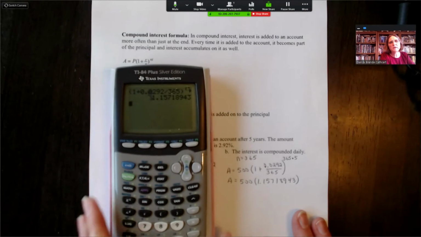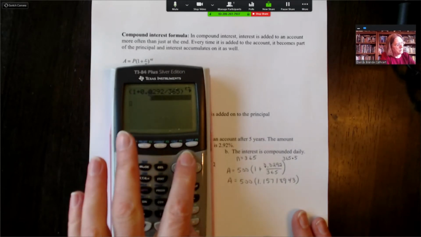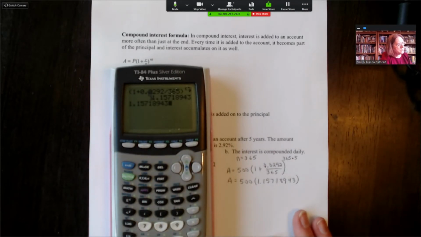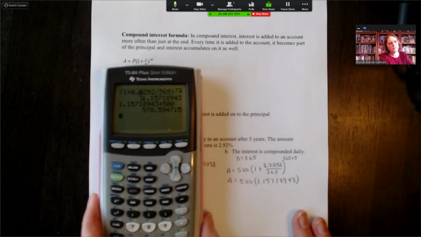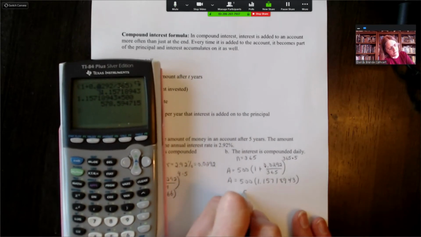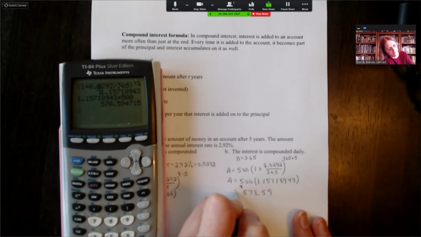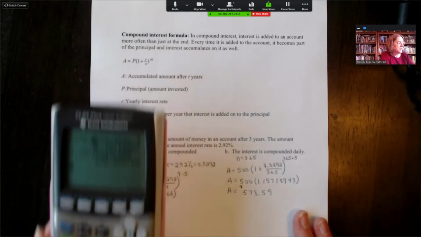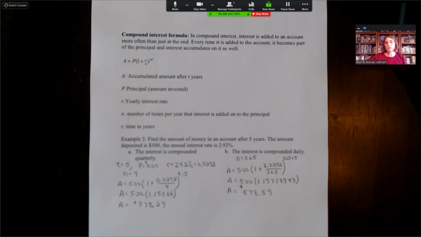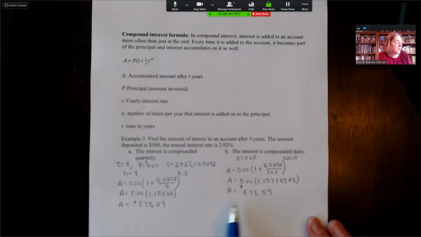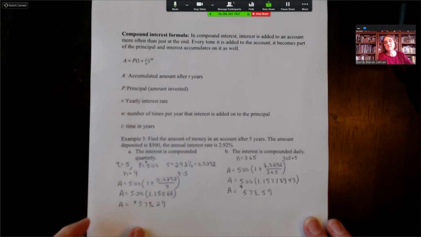And then we're going to take that answer and go up and capture that answer, multiply it by 500, and I get $578.59. So with a fairly low interest rate and only 5 years, our difference in our final value is only about 30 cents.